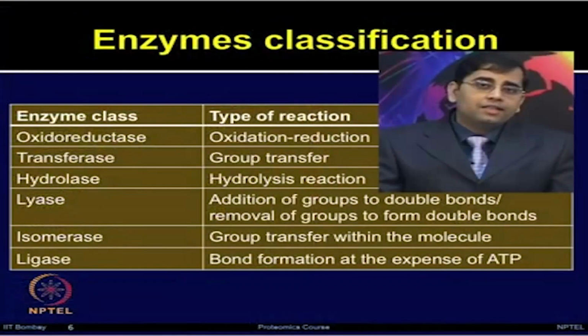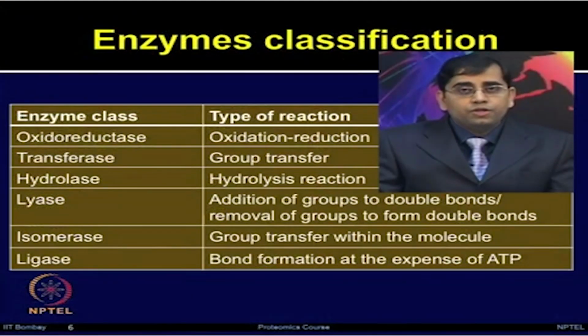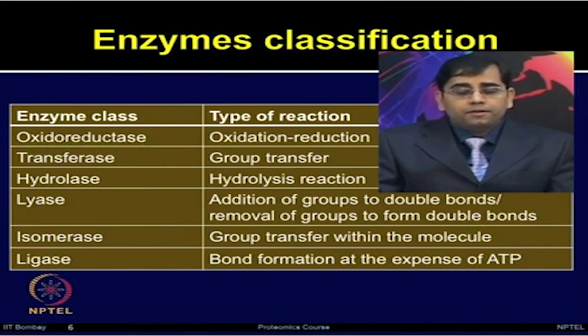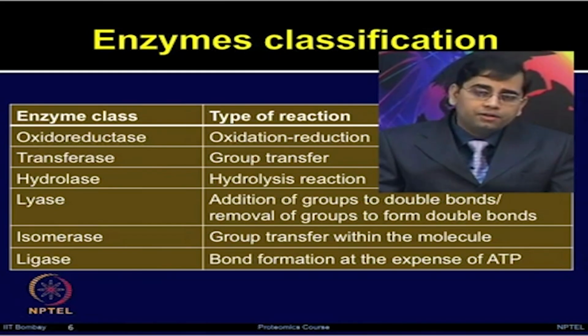There are 6 major classes of enzymes which are grouped according to the type of reactions they catalyze. I will not go into too much detail, but briefly let me talk about what type of reaction these classes of enzymes offer. Oxidoreductase catalyzes oxidation and reduction.